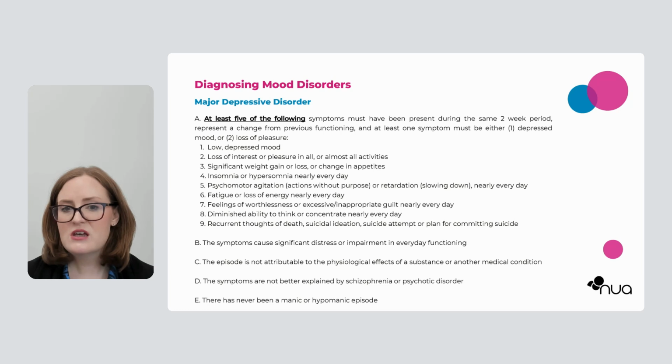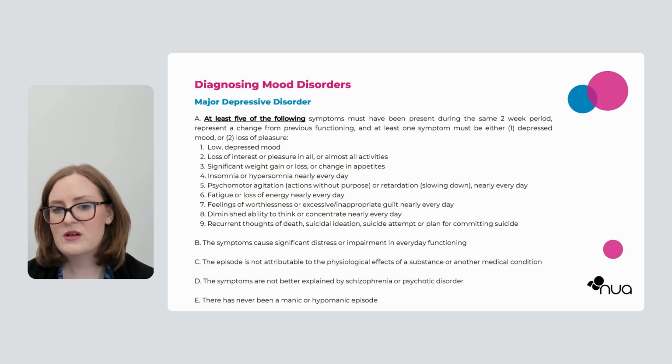To summarise, there are 9 symptoms listed, and an individual would have to have at least 5 of the symptoms during the same 2-week period in order to meet criteria for a diagnosis, and the symptoms must cause significant distress or impairment, and it's not attributable to a substance or another medical condition. And it's not better explained by schizophrenia or psychotic disorder, and there's never been a manic or hypomanic episode.